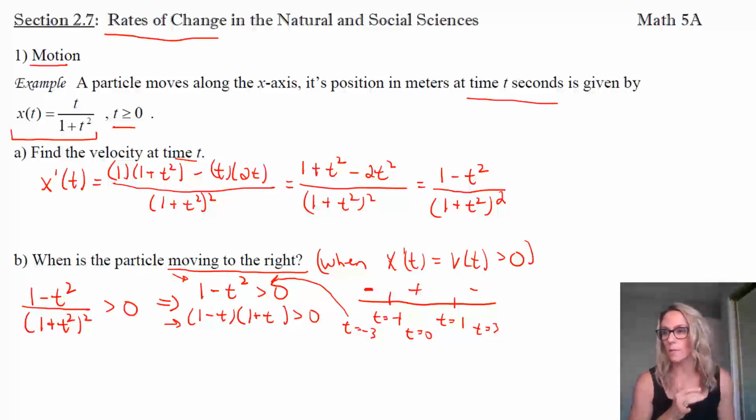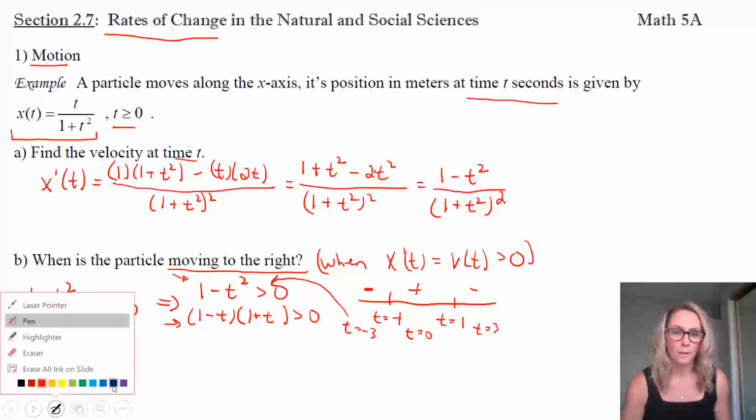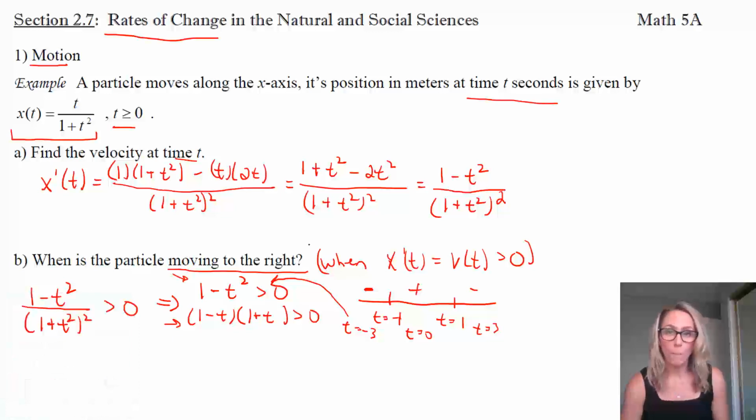The thing to also think about, however, is that the fact that t has to be greater than or equal to 0 matters because it's time. Another option is to think about this cutoff right here, and that we really only care about what happens between 0 and 1 and what happens after 1.